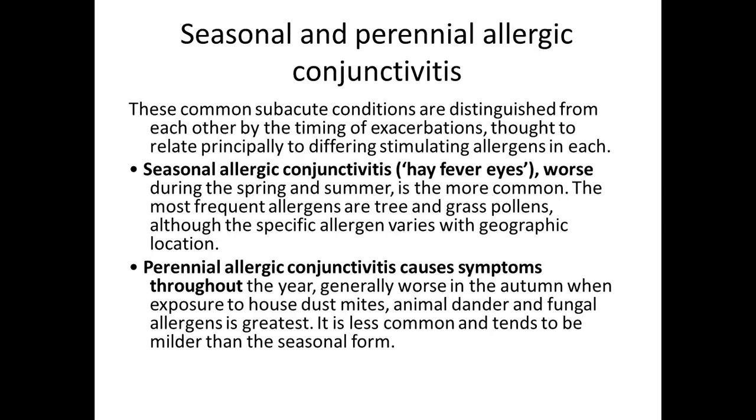So in the spring and the summer, they are more common, and the allergens are usually the trees, the pollen grains, the grass pollens, and all of that. While the perennial is always there throughout the year, and it's actually worse in the autumn when exposure to house dust mites and animals is greatest. So basically it's about the season. Perennial is always there, seasonal is seasonal. So next slide.